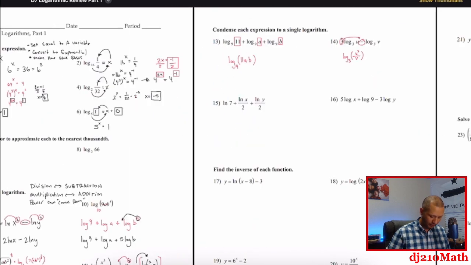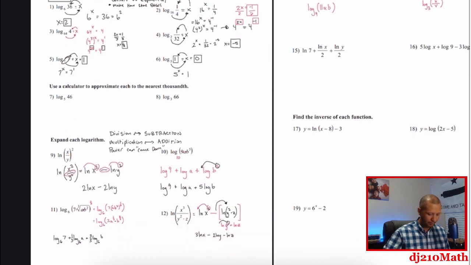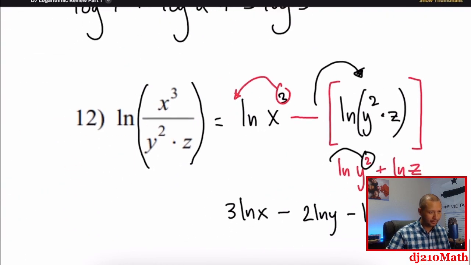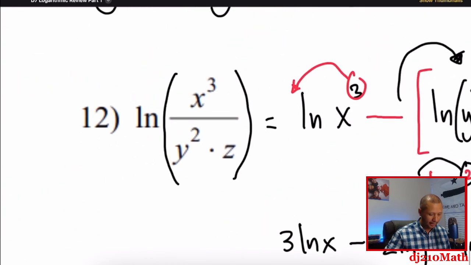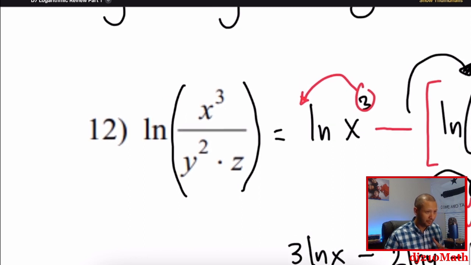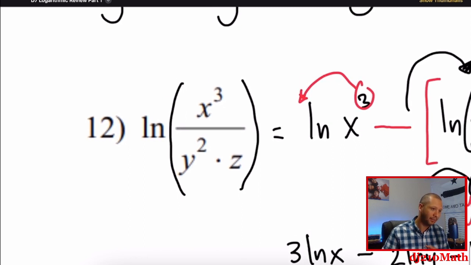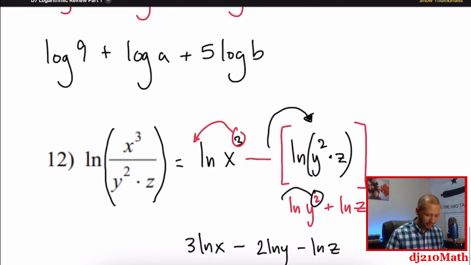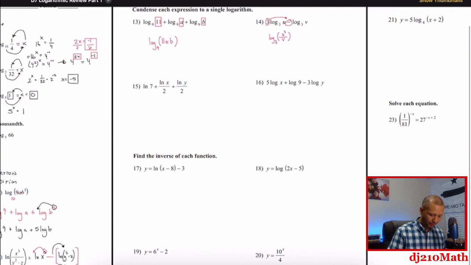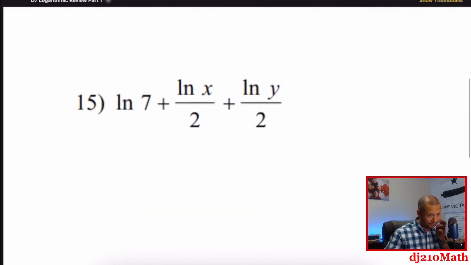Like, for instance, in number 12, this was the natural log of something that has a fraction in it, a top and a bottom, the natural log of that thing. Here, this is completely different. This is not the same thing at all.